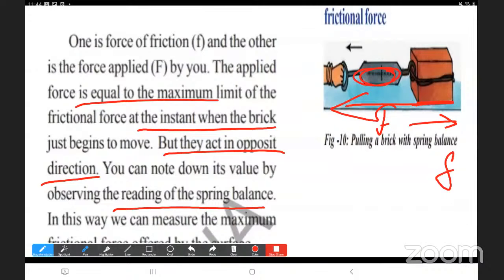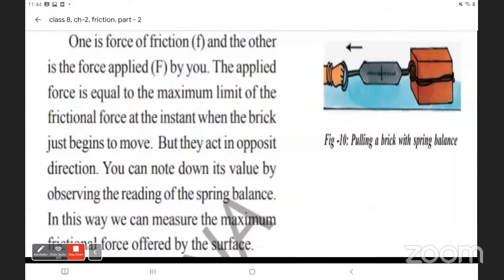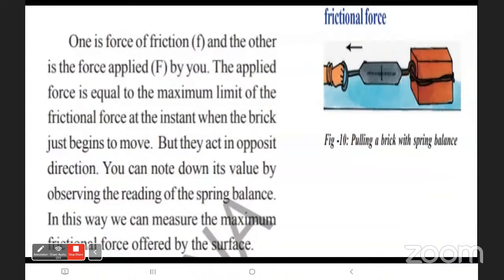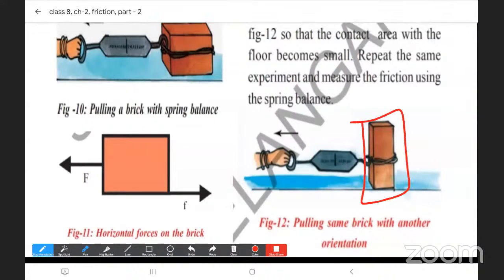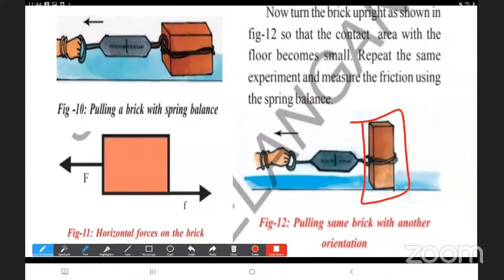Now we have to change the position of the brick. Turn the brick upright like this, so that the contact area with the floor becomes small. In the first case, the contact area with the floor is more; now it becomes small.